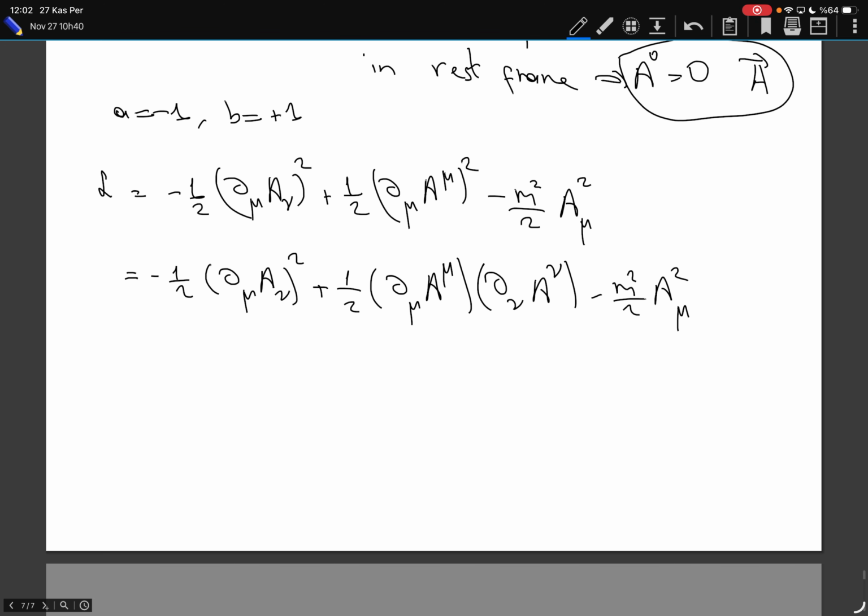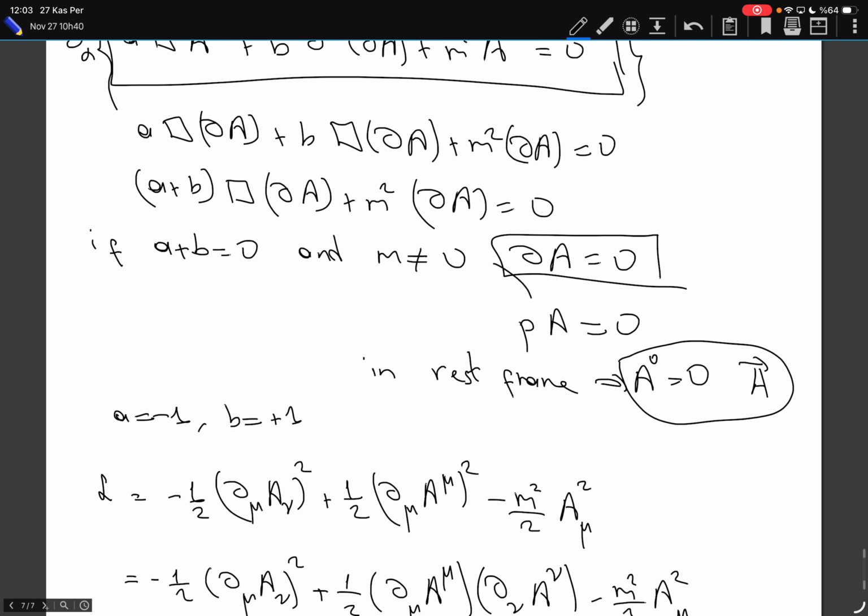There's no symmetry left. We will discuss gauge symmetry later on. It will appear only if m is equal to 0. But if m is equal to 0, then, well, I don't have this anyway. Here, for a massive particle, I don't have the freedom to choose del mu a mu different from 0. For a massive particle, del mu a mu has to be 0. There's no choice there.